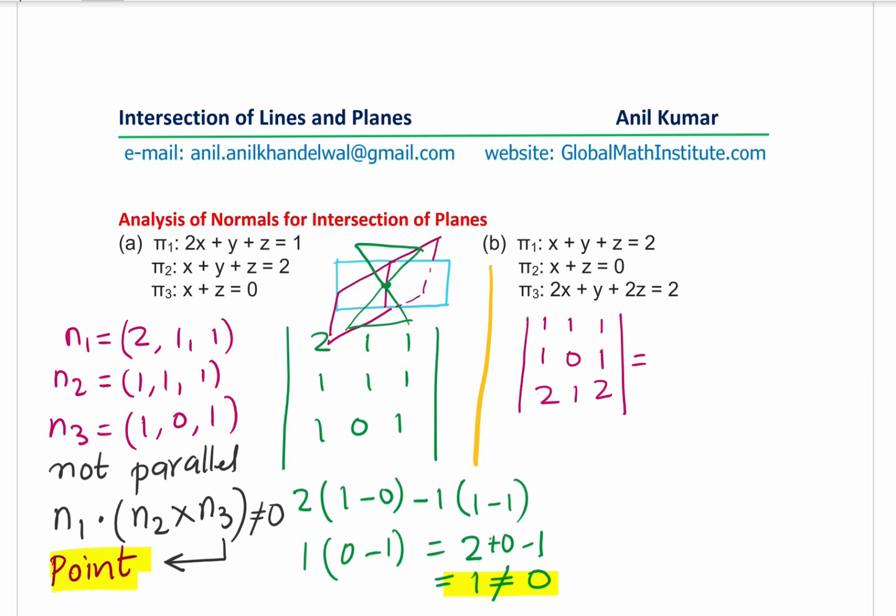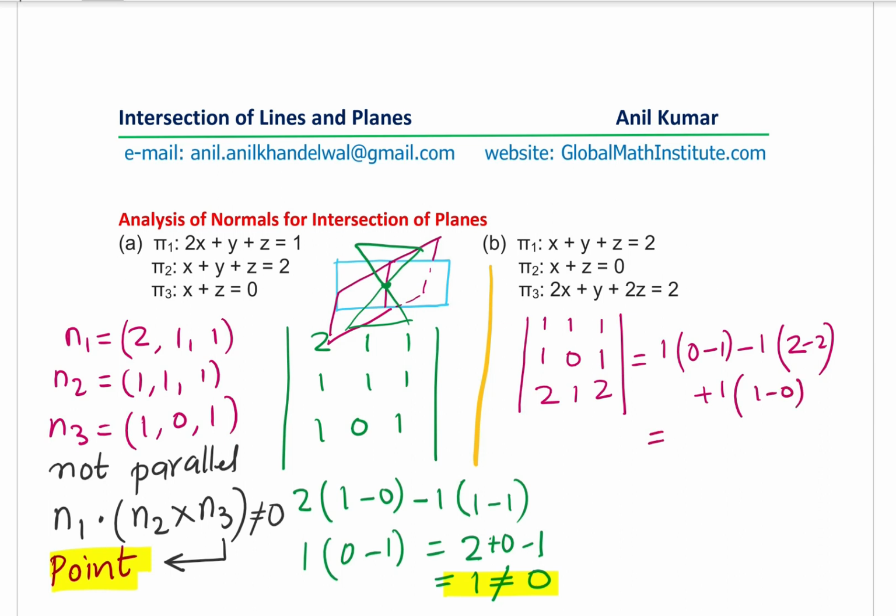So 1 times (0 minus 1), minus 1 times (2 minus 2), and this gives me 1 times (1 minus 0).